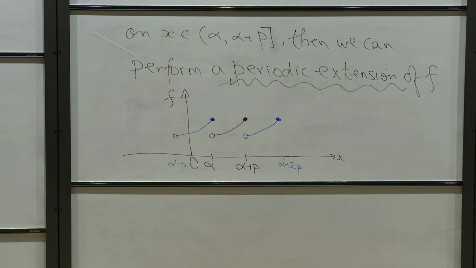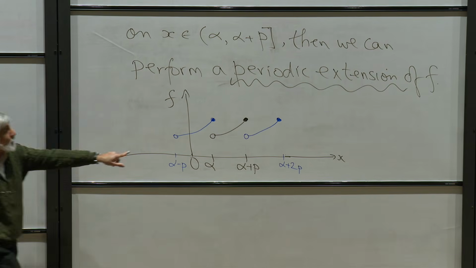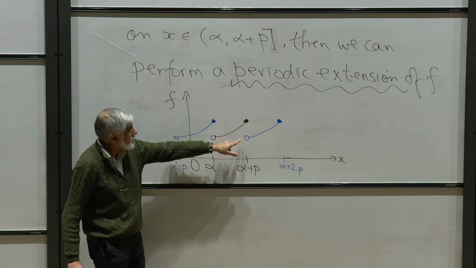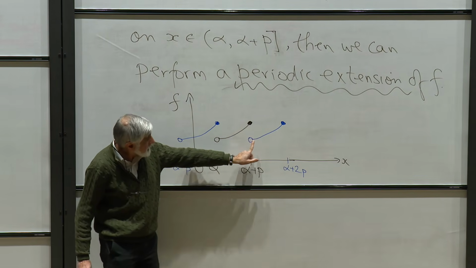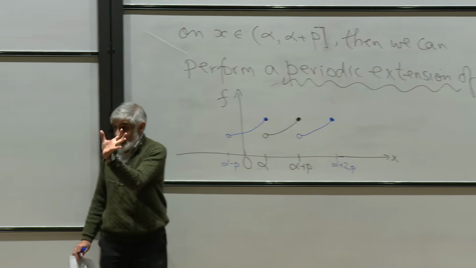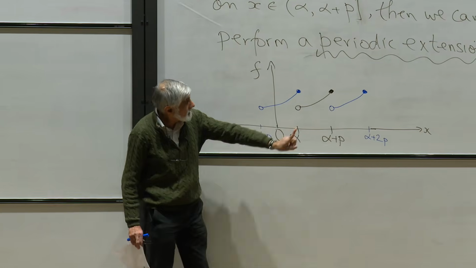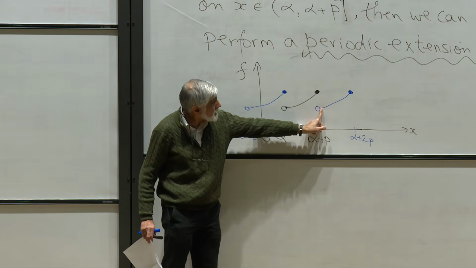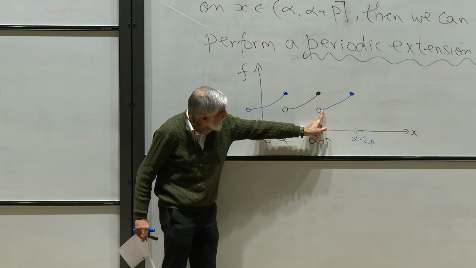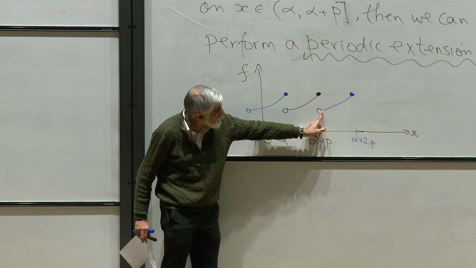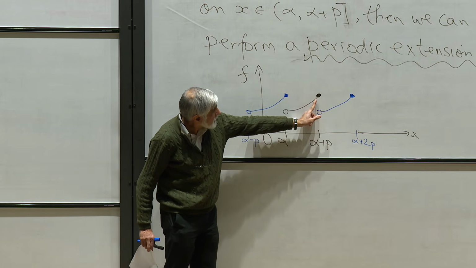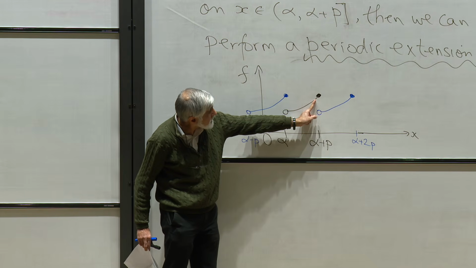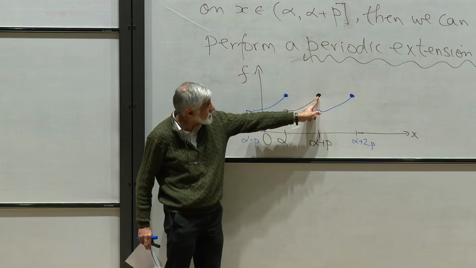What does it mean to say you converge to this function if it's discontinuous? Because if you have an infinite series that converges to this point, and if you make x here, it converges to here; x here, it converges to here.